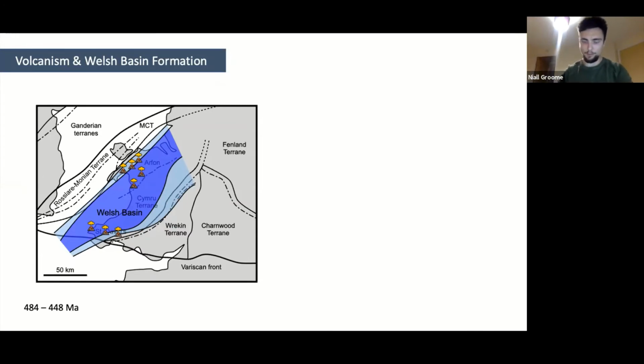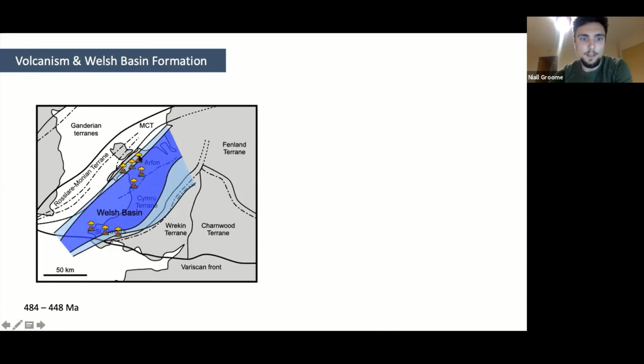As we rift away from Gondwana, we essentially form a volcanic arc going through the Cambrian to Ordovician period, where we have our arc front along this line here.